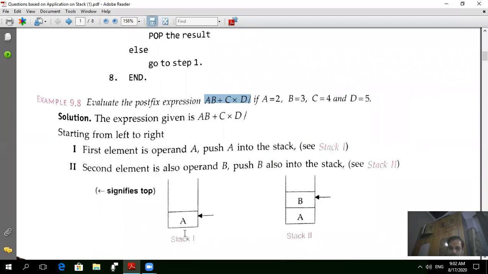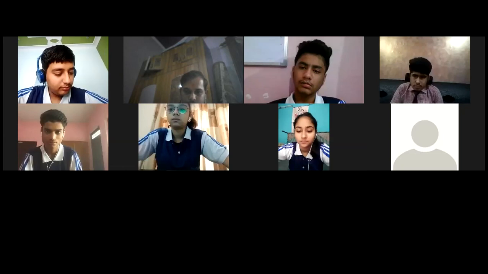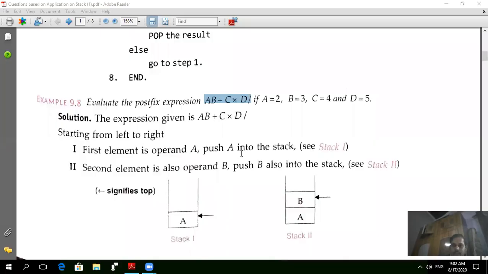Then b is coming, so insert this b also in the stack. So a and b, both operands, are now present in the stack.